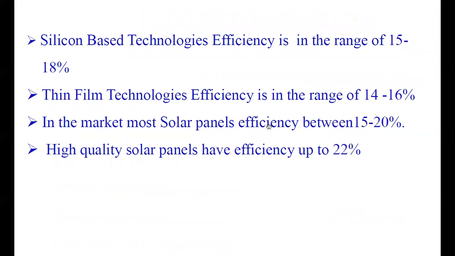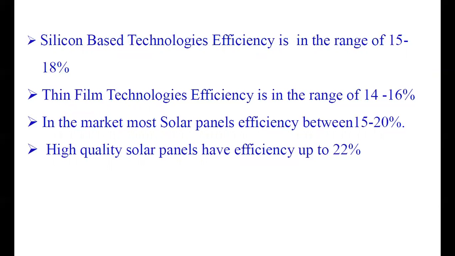Different types of solar panels are available: silicon based technology panels and thin film technology panels. The different technologies have different ranges of efficiencies. For silicon based technologies, the efficiency is in the range of 15 to 20%. For thin film technology, the efficiency is somewhat less, in the range of 14 to 16%.